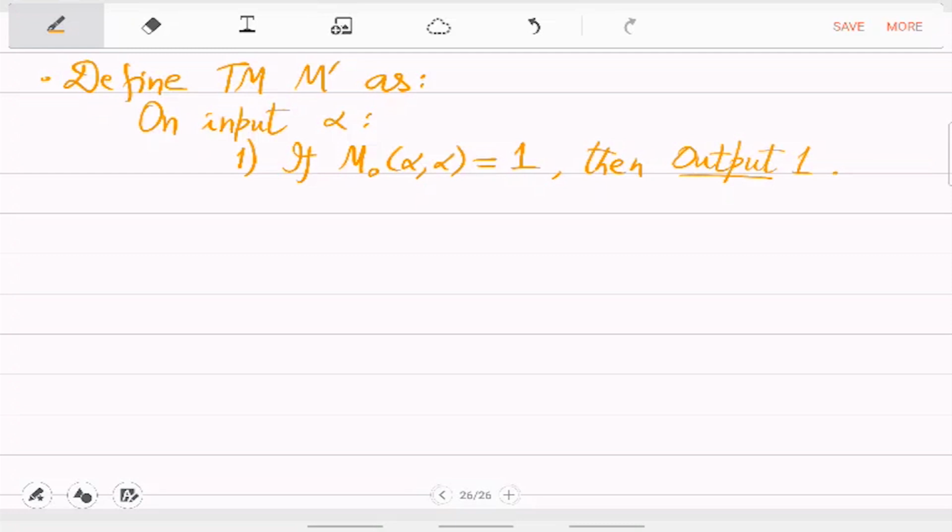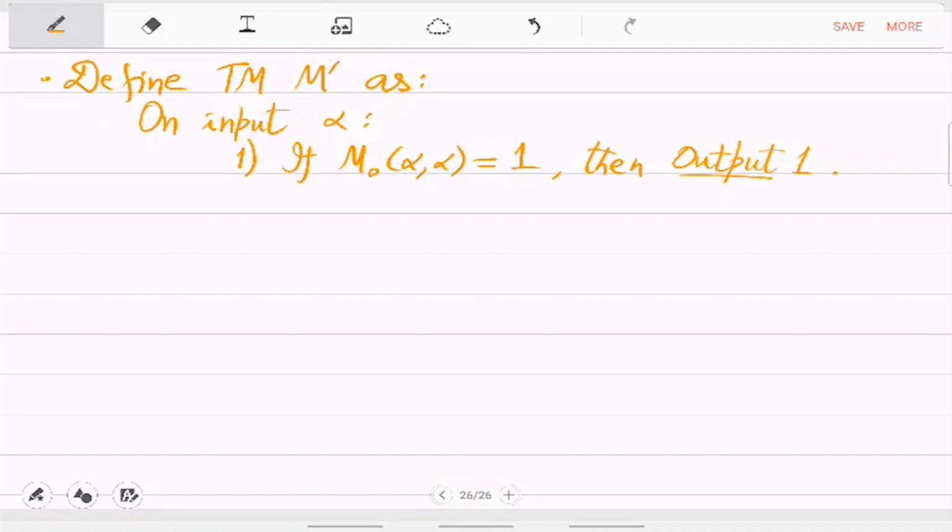So M prime takes input a string, which you should think of as a description of a Turing machine, and you feed alpha, alpha and alpha to M0 as input. So basically M0 will simulate the Turing machine described by alpha on alpha itself, right.